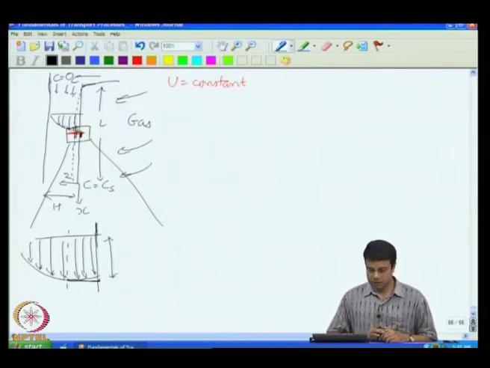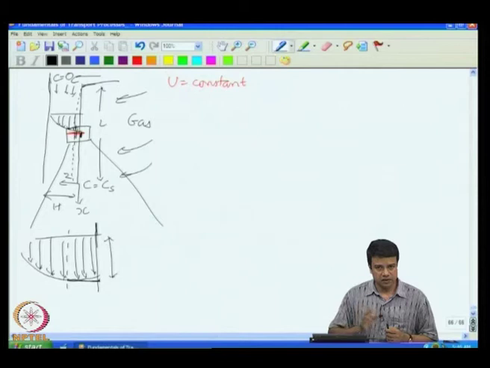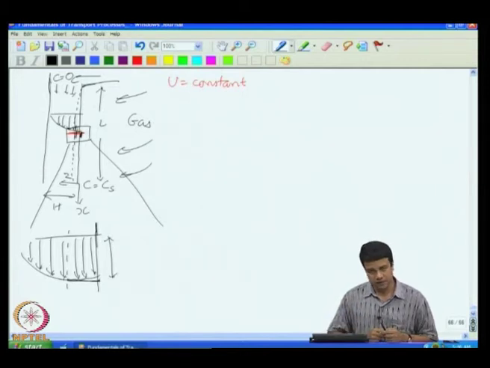If the change in velocity is small, I can assume that the velocity is approximately a constant over the thickness over which there is penetration of the gas. Similar to our assumption in the previous case, that the penetration depth is small compared to the total height. I have to come back and justify this.